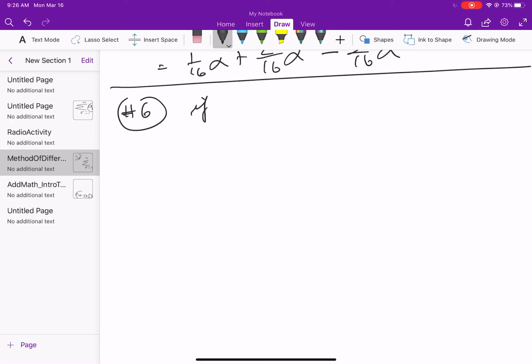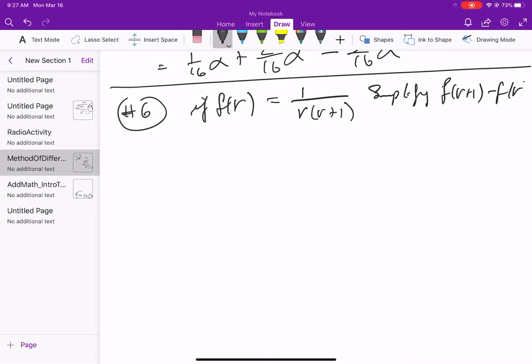They said if f of r is equal to 1 upon r into r plus 1, simplify f of r plus 1 minus f of r.